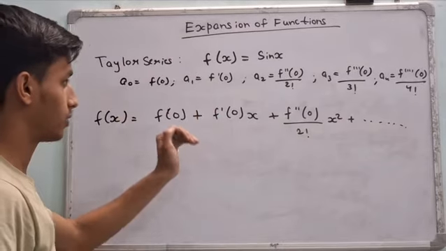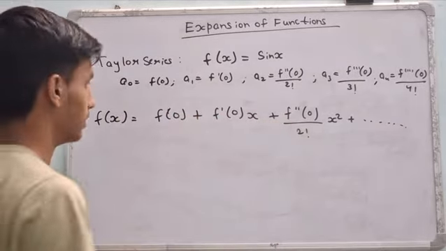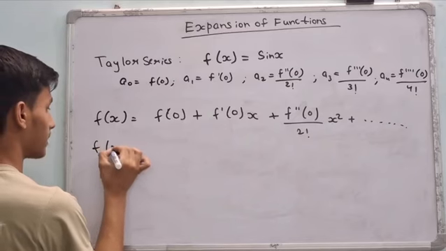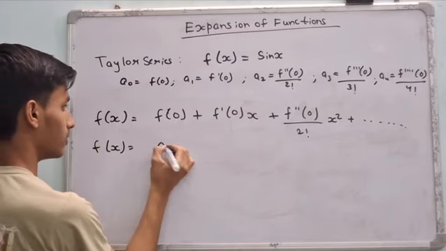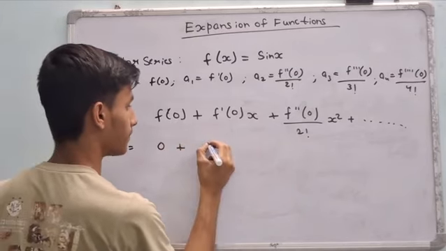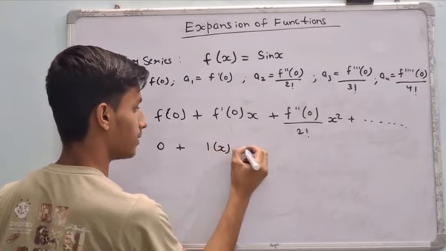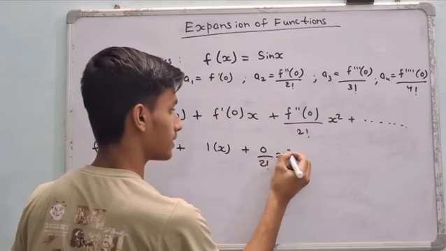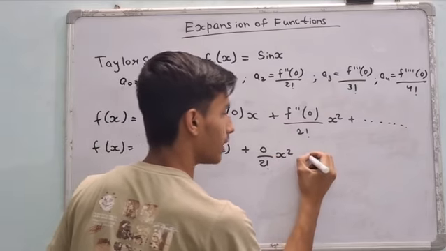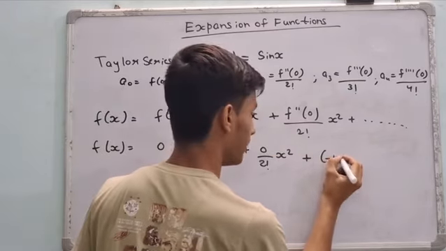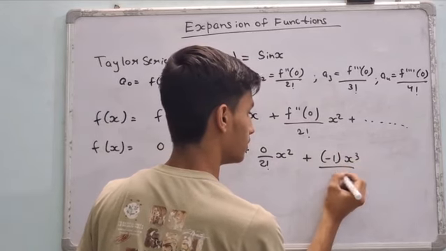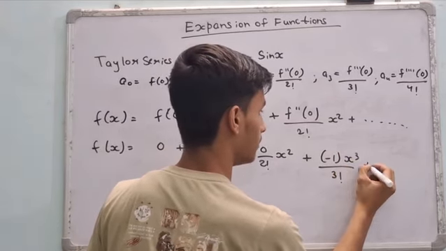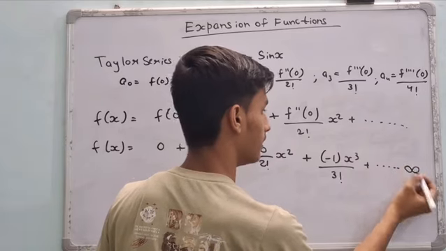If you plug in the values of these derivatives we found earlier, we get that f of x equals 0 plus 1 times x plus 0 over 2 factorial times x square plus minus 1 times x cube over 3 factorial plus, till infinity.